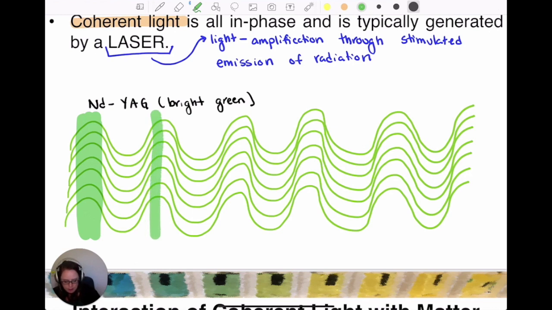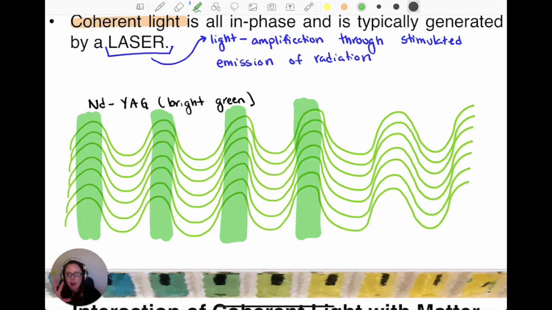So the way that we represent coherent light pictorially is by successive thick vertical lines. Here is my artist's representation, or overlay, of how we would show this.